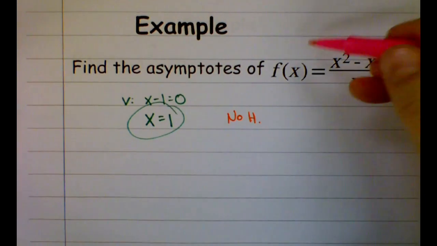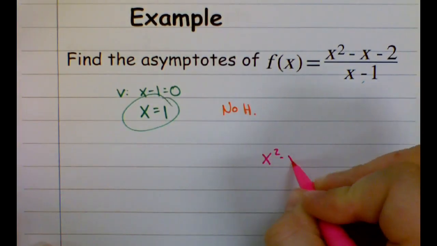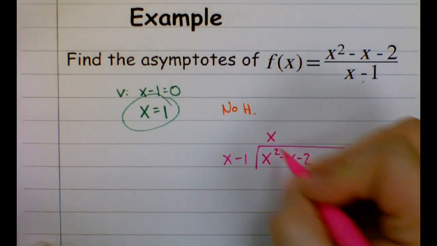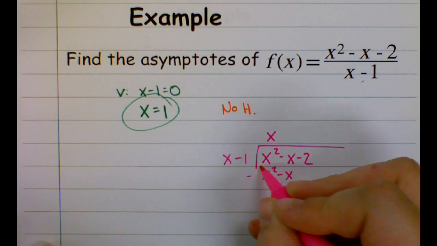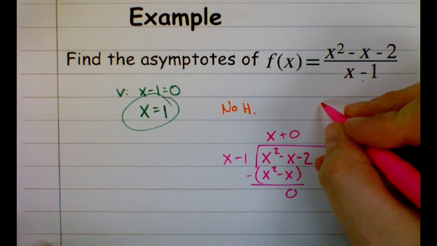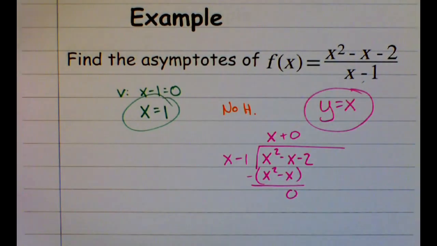Slant asymptote. The degree of the numerator is exactly 1 bigger, so we divide. X squared minus x minus 2 divided by x minus 1. I get x and a 0, so the slant asymptote is y equals x. And there's all of our asymptotes.